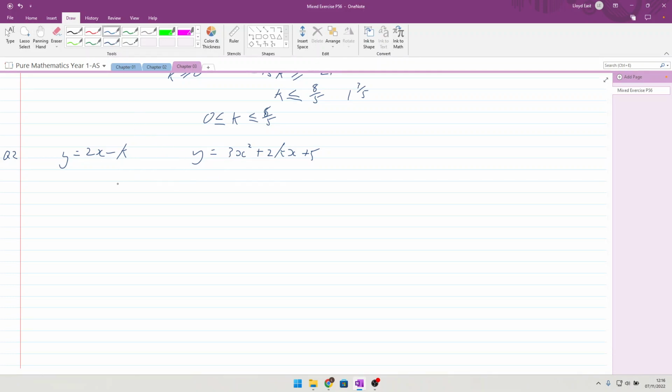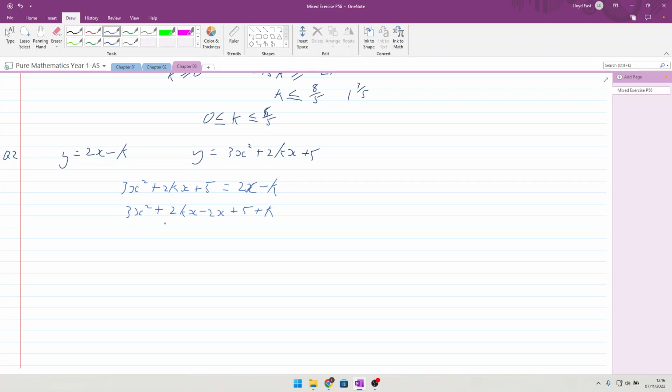Okay, so we can do 3x squared plus 2kx plus 5 is equal to 2x minus k. Quickly put this all equal to 0. 3x squared plus 2kx minus 2x plus 5 plus k.